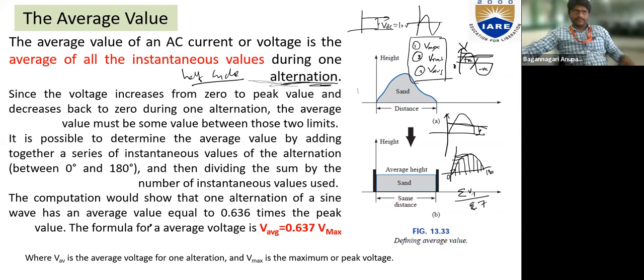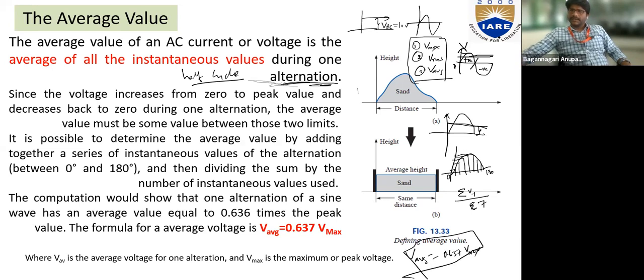For a pure sinusoidal waveform, the average value is equal to 0.636 times the peak value. So in general, we denote this V average for a sinusoidal waveform as 0.637 or 0.636 V maximum, right?